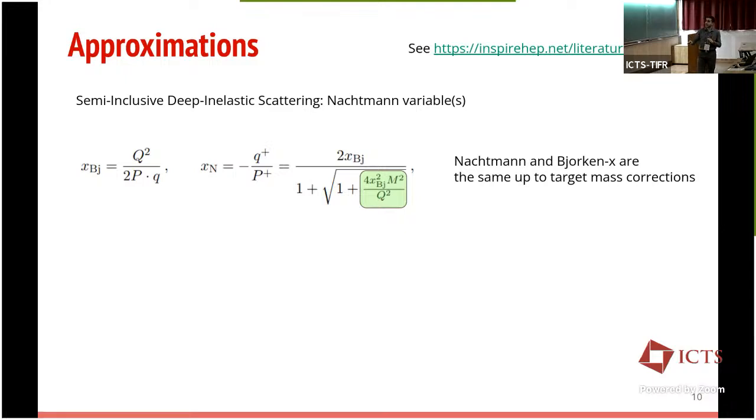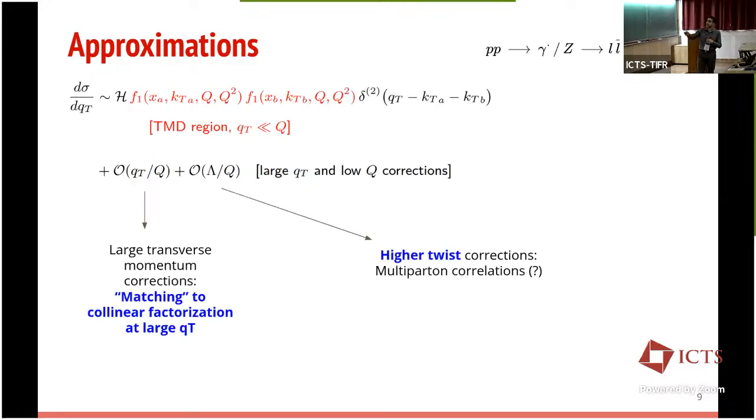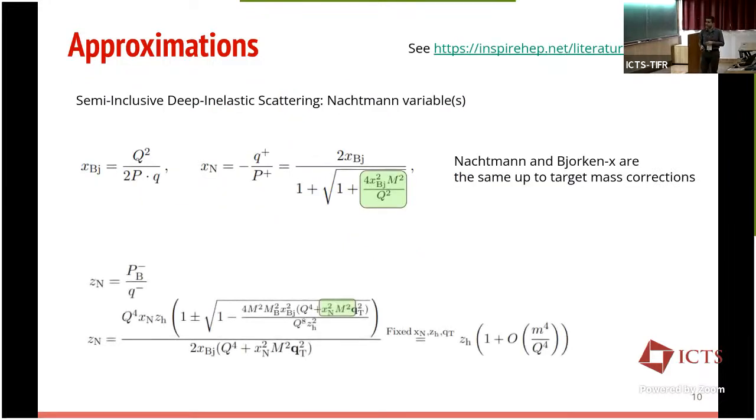So these are examples of kinematical approximations that sit inside these objects here, the x. So they are not like explicit corrections to the factorization approximations, but inside of the factorization approximations, you have this kind of kinematic corrections. The same holds true for the fragmentation variable z: you have corrections proportional to the hadron mass. So these are target mass corrections.